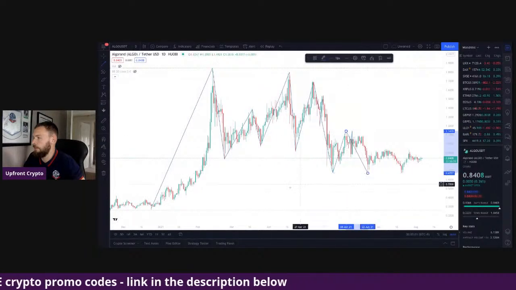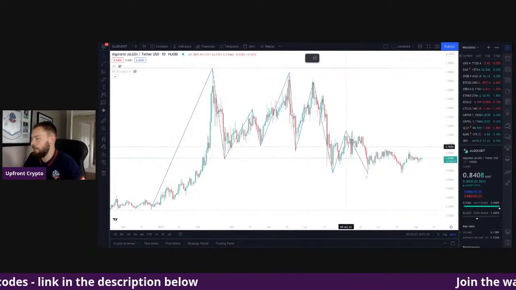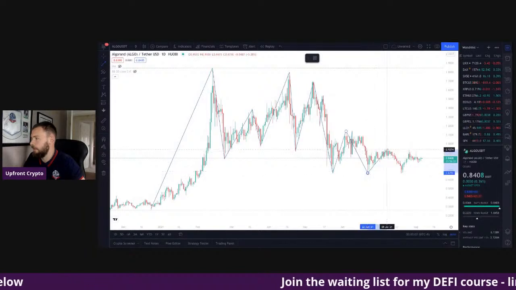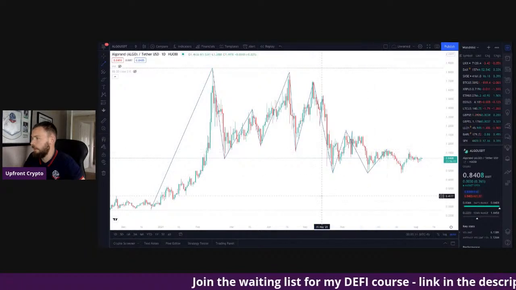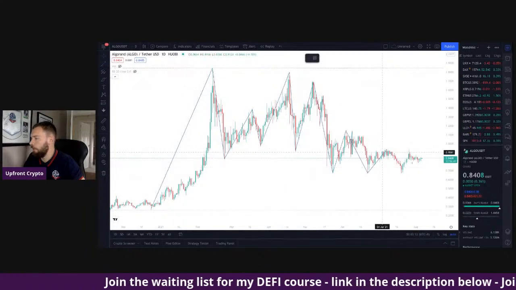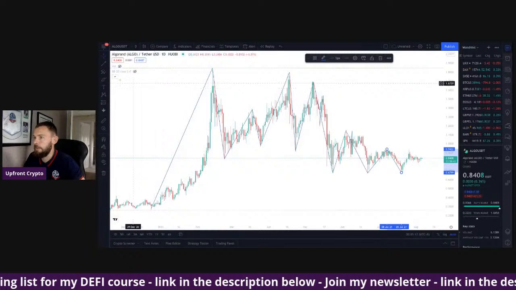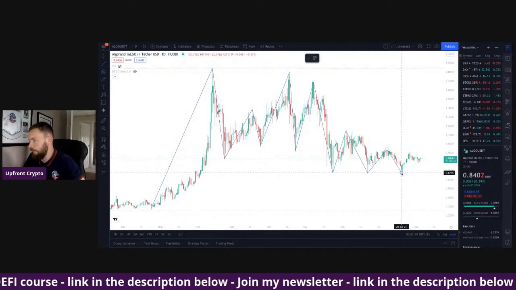And as you can see, what it created was like a level here, which I'll show in a minute. And what I'm going to show is the difference between this and the Bitcoin chart.